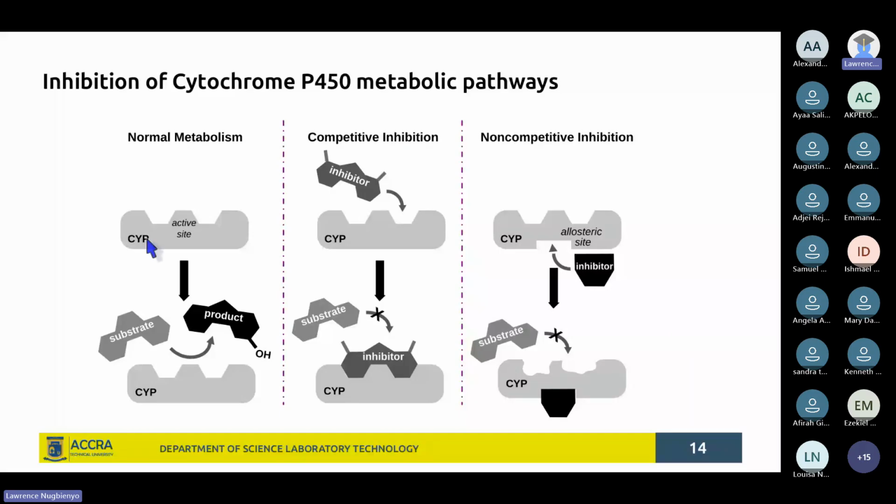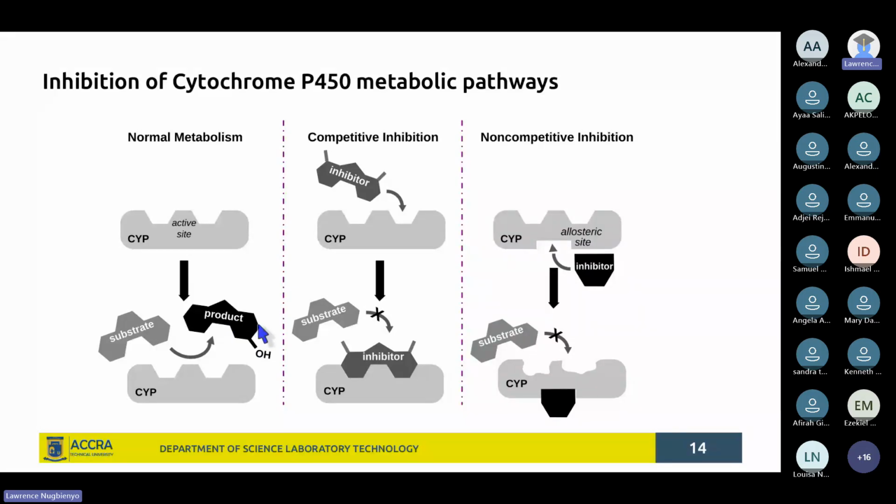This is a cytochrome P450 enzyme, and an active site is being shown. Then you have a substrate, which is a toxicant that can bind onto that cytochrome P450 enzyme, and a product, which is a metabolite, like what we just saw. Hydroxylation occurs, and so that product becomes more hydrophilic and can get excreted.